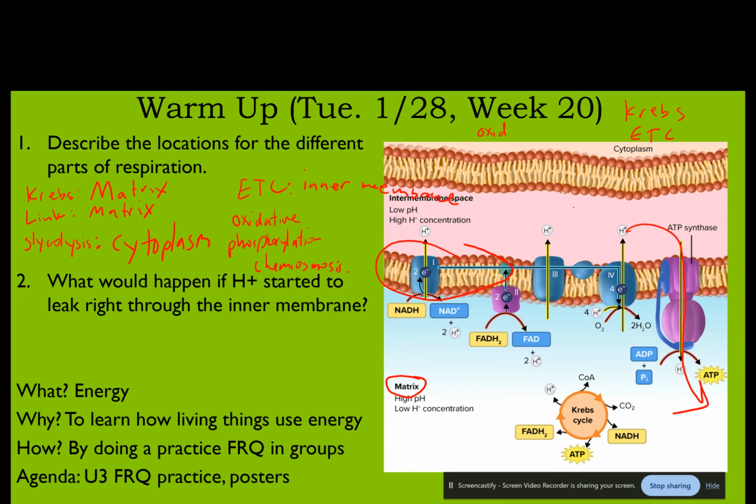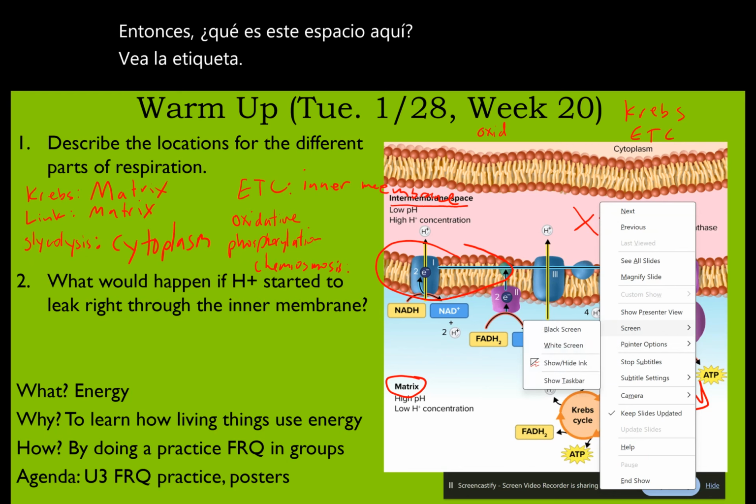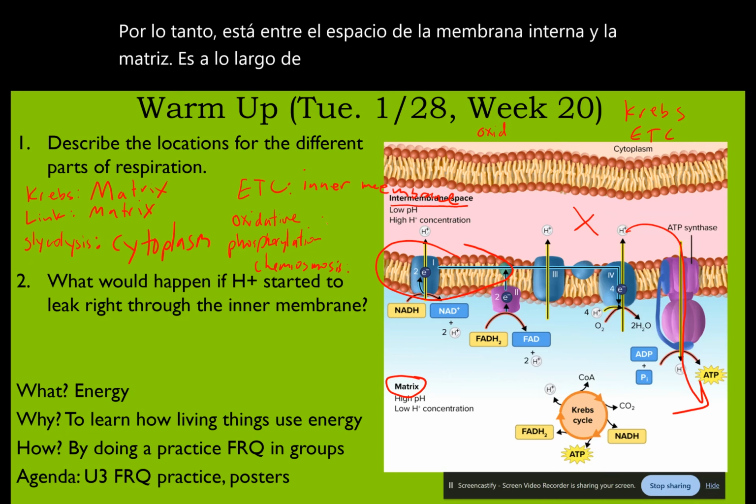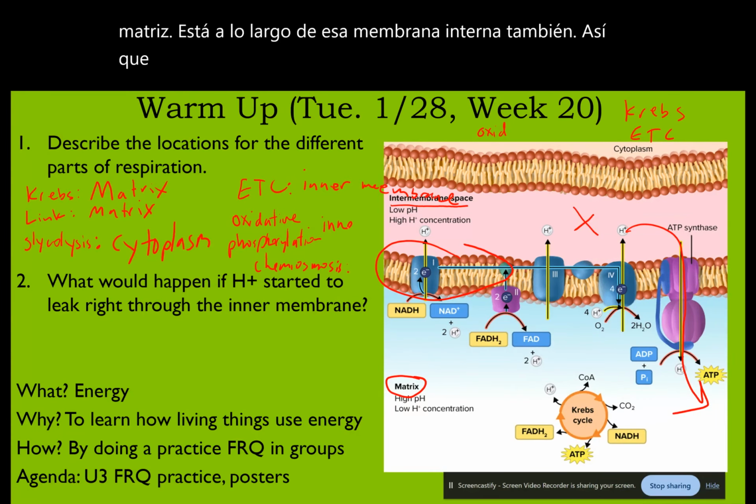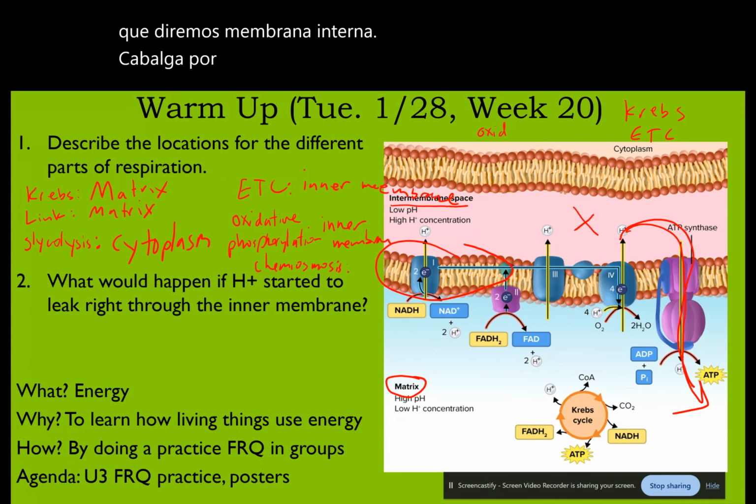So what's this space here? See the label? Yeah. So it's between the intermembrane space and the matrix. It's along that inner membrane as well. So we'll just say inner membrane. Right along that inner membrane. The hydrogens move to the inside of the matrix.